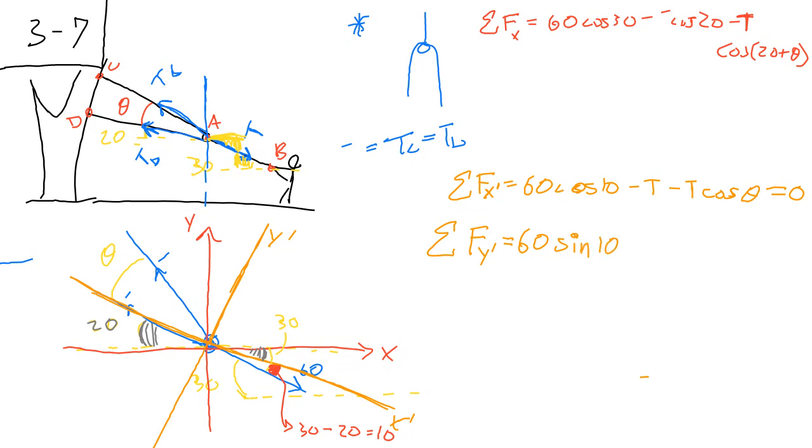It should be a minus, because it's below the x prime axis, so that's the negative y direction. And then one of these t's is in a positive direction, so plus t sine theta.